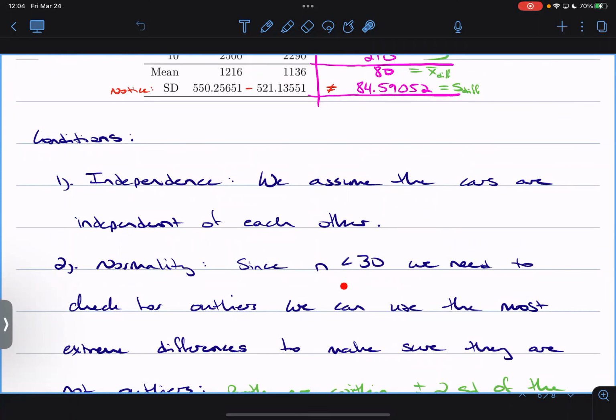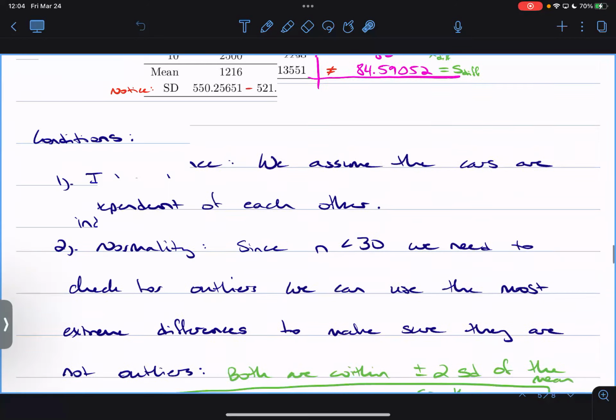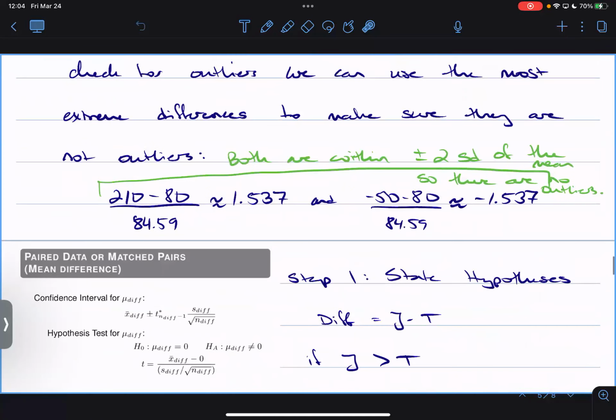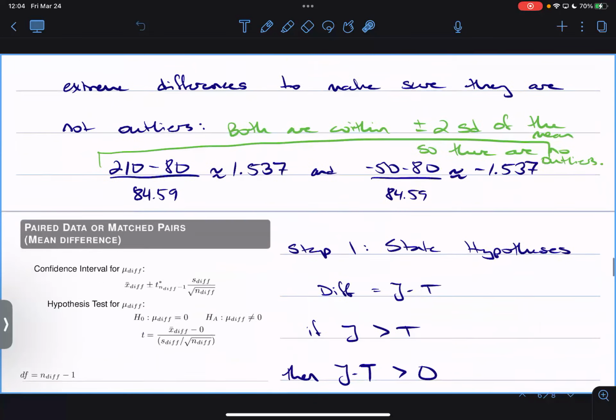If the sample size is less than 30, then you have to make sure that there are no outliers. If it's greater than 30, then you can handle outliers, but no extreme outliers, which are like crazy extreme outliers. But usually we can just go ahead and assume normality if the sample size is larger than 30, okay? Which is a huge selling feature of the t-test.